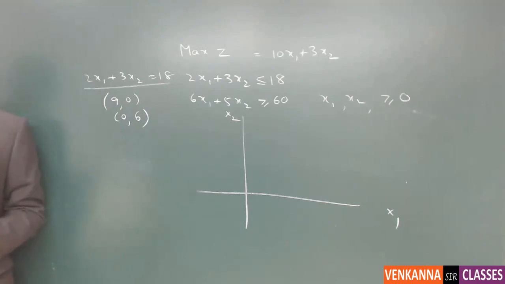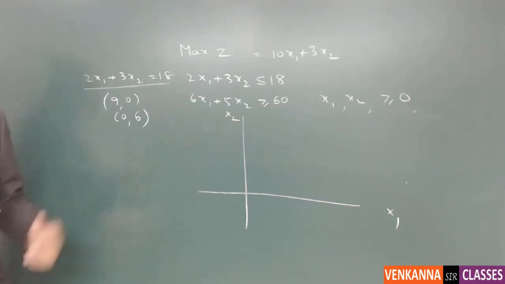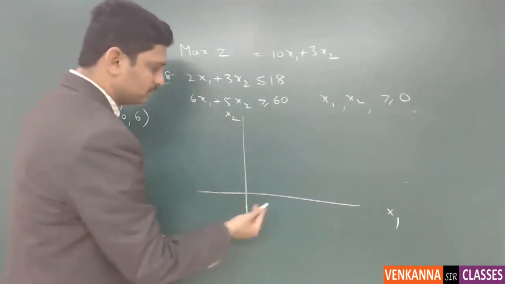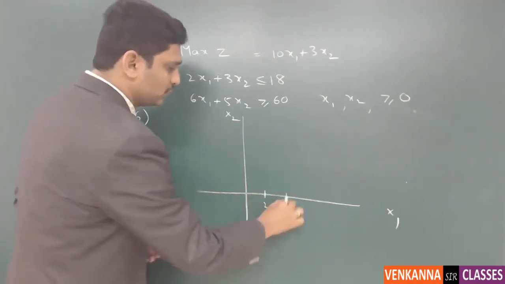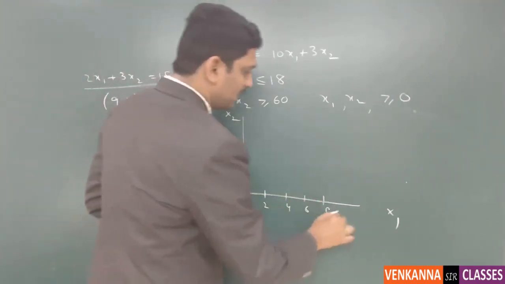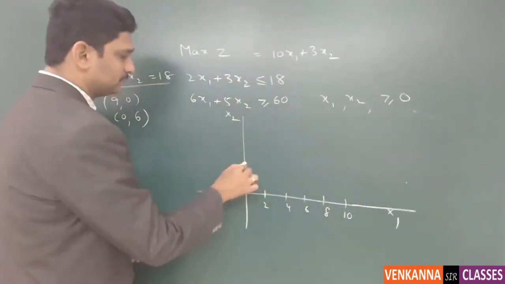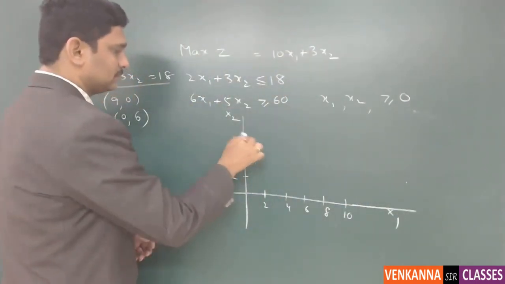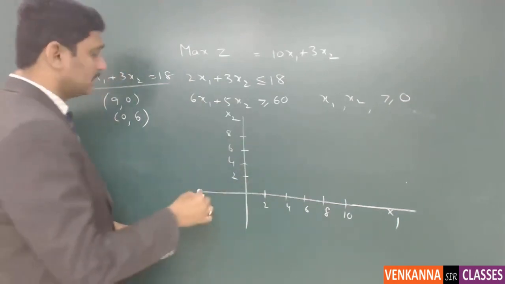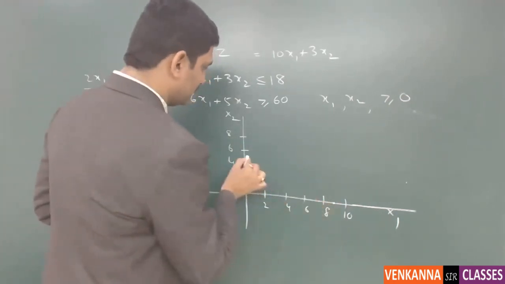Accepted by all? Fine. So let us draw them. It is better to take the scale like 2, 4, 6, 8, 10 and so on. So 9 will be here. The points are 9, 0 and 0, 6.